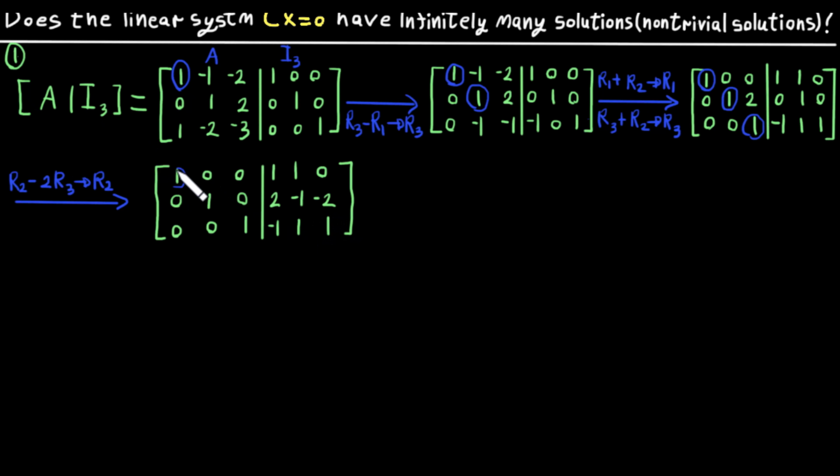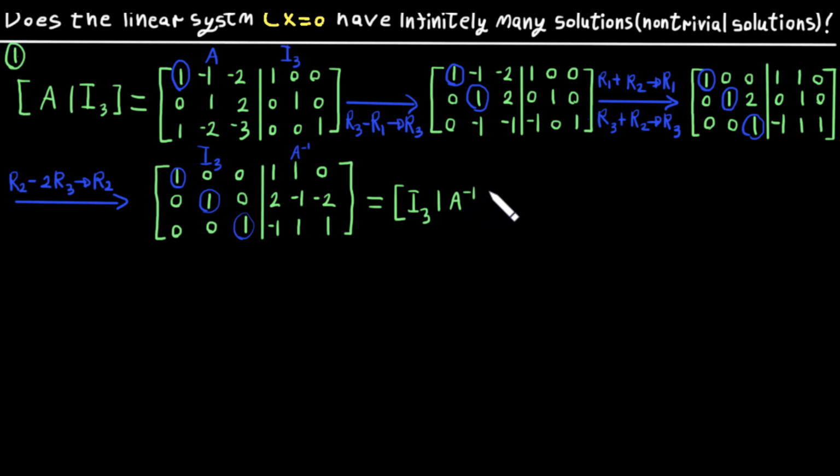So here we have a leading 1, here we have a leading 1, here we have a leading 1. So here it's like an identity matrix, 3 by 3. Therefore, we will call this one A inverse. So the answer will be this identity, and here A inverse.